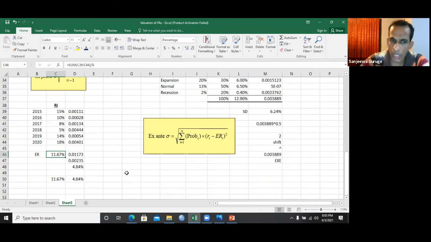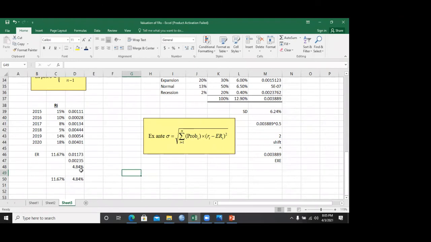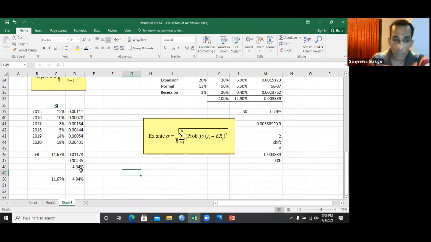And the standard deviation, higher the standard deviation is better or lower the standard deviation is better? Lower is better. Lower the standard deviation is better, because if the standard deviation is very, very high, sometimes you may get very high return, sometimes you get very low return, right?